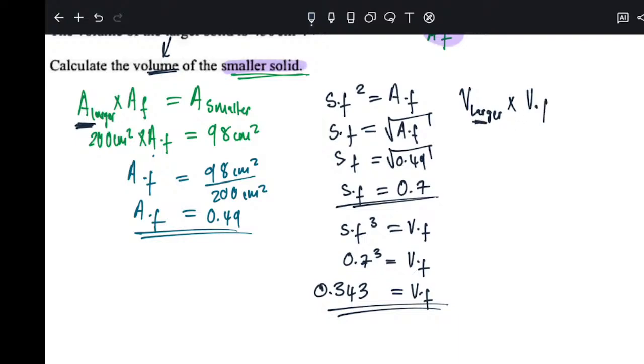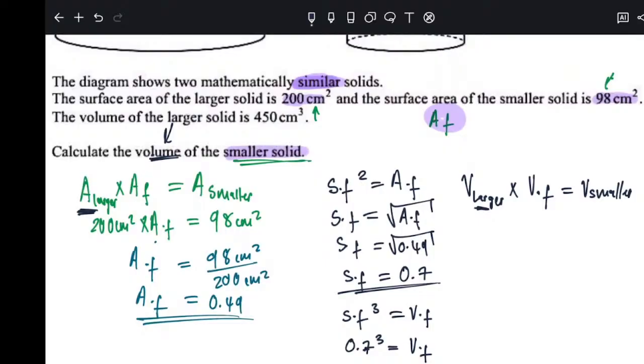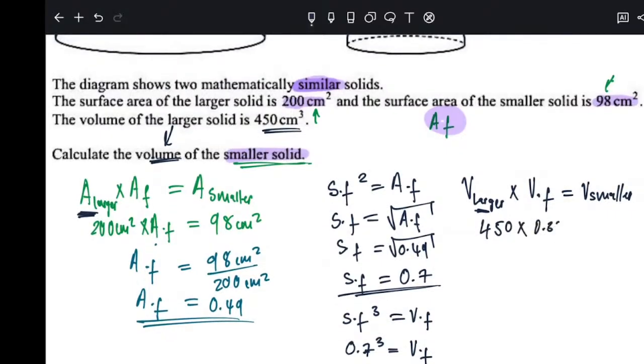So what's the volume of larger? You go and you check. Here, the volume of the larger solid is this. So you now say 450 times what's the volume factor? 0.343. This gives you volume of the smaller one. 450 times 0.343. What do you get?